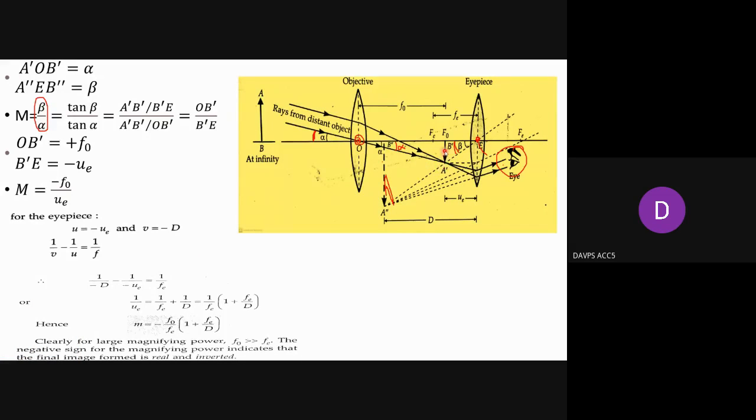That is A dash B dash by B dash E, that is tan beta. Okay, what will be tan alpha?